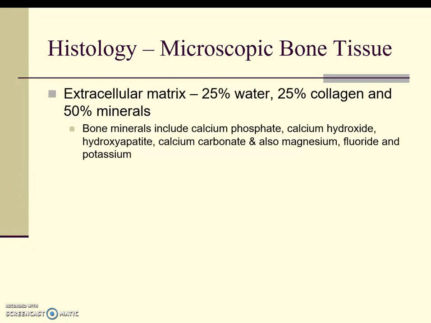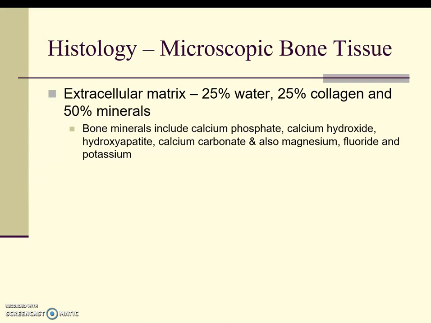Okay, so the microscopic makeup of the bone tissue. The extracellular matrix is 25% water, 25% collagen, and 50% minerals. And the minerals are things like calcium phosphate, calcium hydroxide, hydroxyapatite, calcium carbonate, and also different types of materials made up of magnesium, fluoride, and potassium.